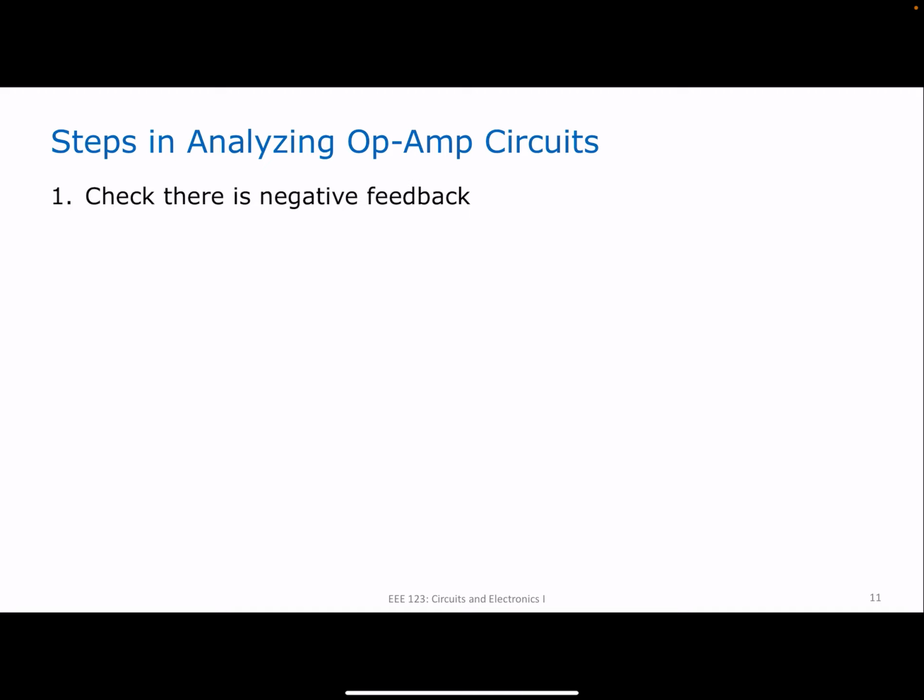If there is no negative feedback, then chances are your op-amp is not going to be operating in the linear region. It's going to be operating either in positive saturation or negative saturation. This is because a very, very small differential input voltage will already cause it to saturate. So the first step is always check if there is negative feedback.